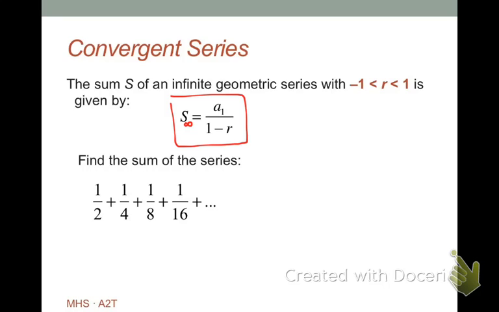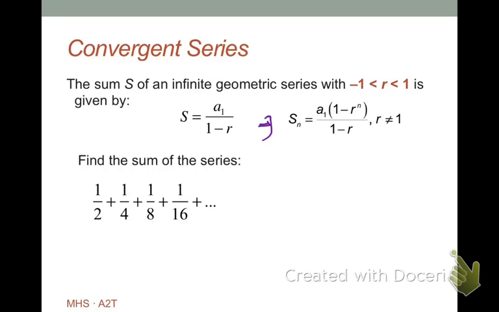And I want you to think about how that looks somewhat like this formula, which we used for a finite geometric series. But let's think about what happens to this equation when n approaches infinity. So when n gets really, really big. If you think about it, let's say the r was 1/2, for example, and then you're going to raise it to some really big number. So I said 785. That's just a randomly big number. But the point is, when you raise 1/2 to a really big number, that number gets really, really small. So it's going to be 0.000000, a whole bunch of zeros, and then a 1.